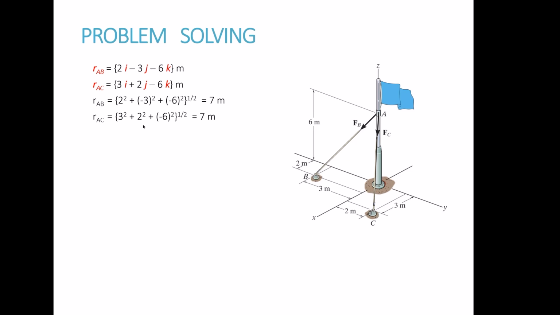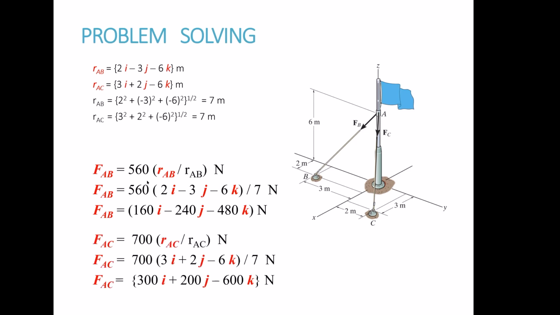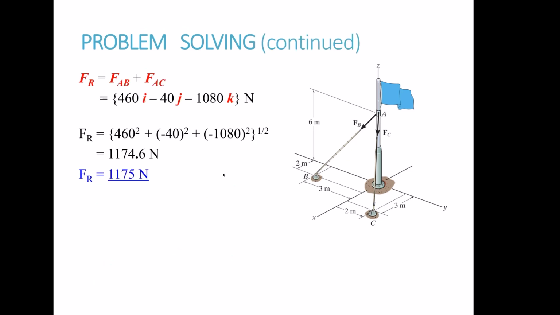We follow the same process, use the Pythagorean theorem, and come up with our vectors and the magnitudes, and then we write it out. Here's my RAB, and the same thing, my RAC. Perform the math, and you have the two vectors, FAB and FAC.